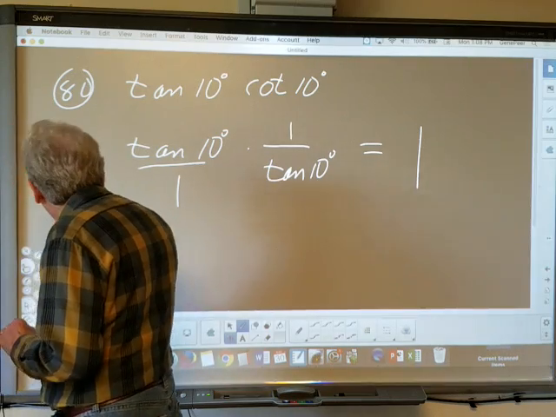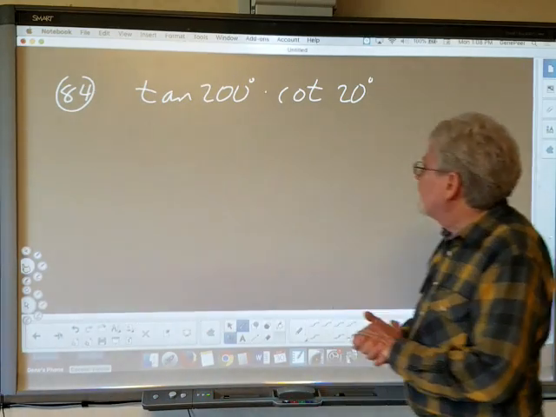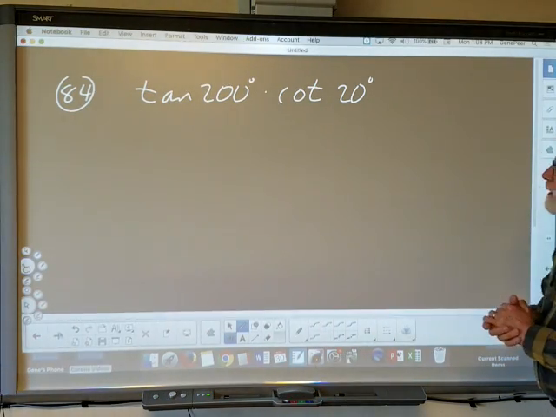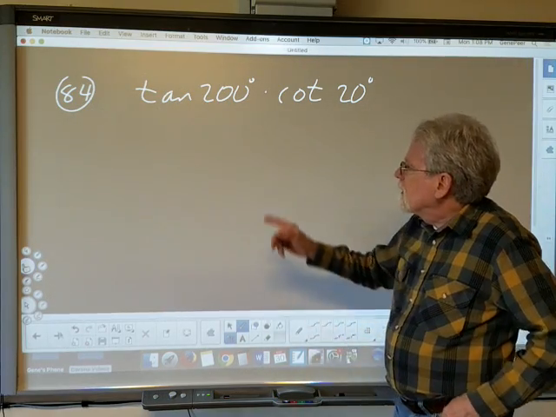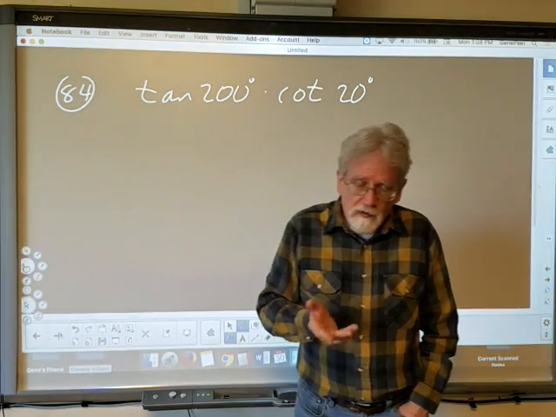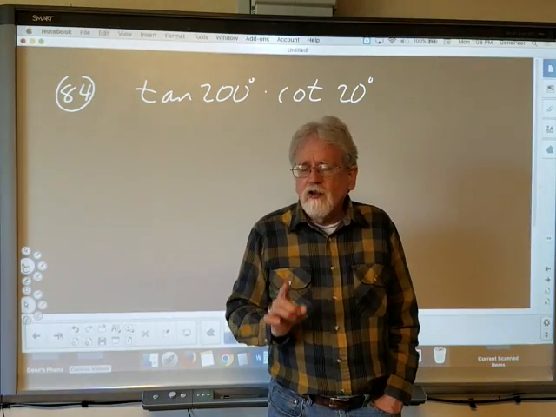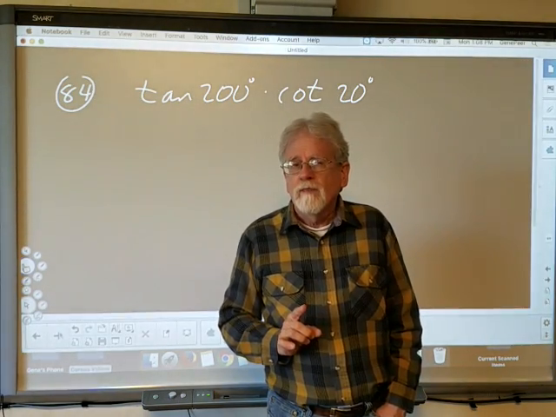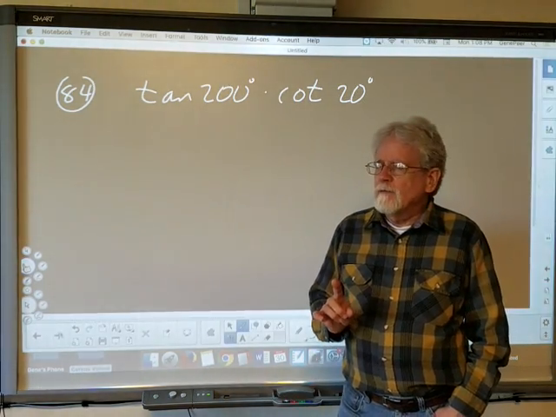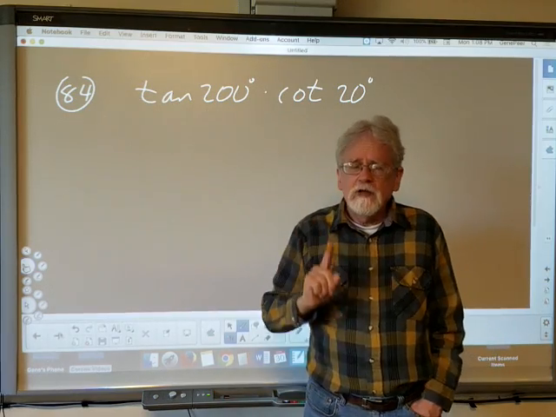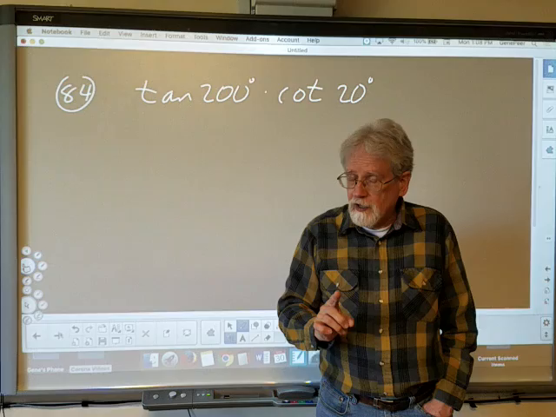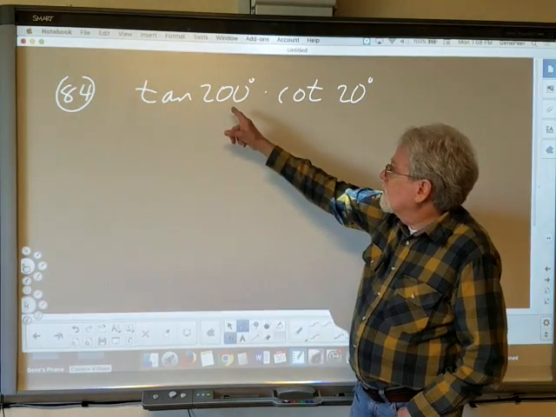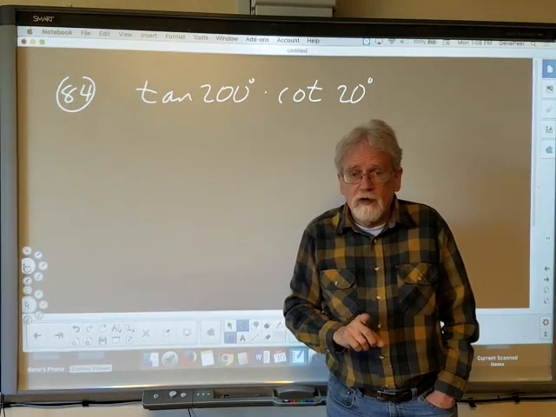And we go on to number 84. Tangent of 200. This goes back to another concept that we haven't reviewed since sometime last week. And that is that tangent, as well as sine and cosine, is a periodic function. It repeats itself how often? Tangent repeats itself every pi, or every 180 degrees, which means I can subtract out any multiples of 180.